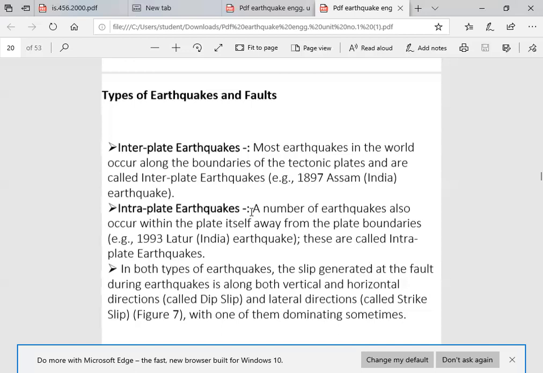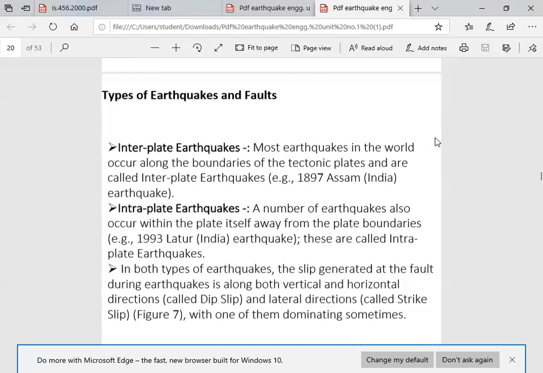Inter and intra, these two words are different. Interplate means along the boundaries of the plate tectonics, where the earthquake occurs. That is the interplate earthquake.